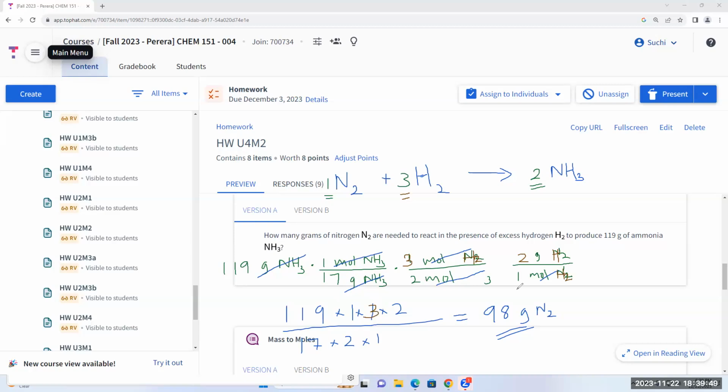The denominator is the same thing. The only thing that changed here is the 2 and 3. That's it. This number over here, what did you get there? 21. So you got 21 grams of hydrogen. So that's for the hydrogen version B.